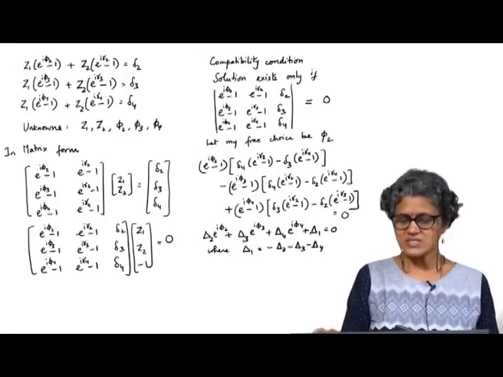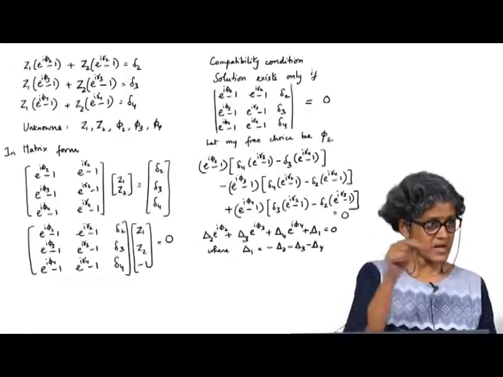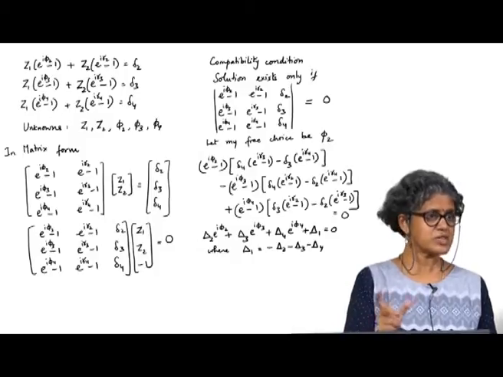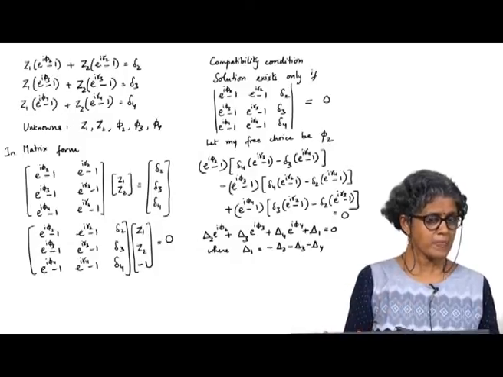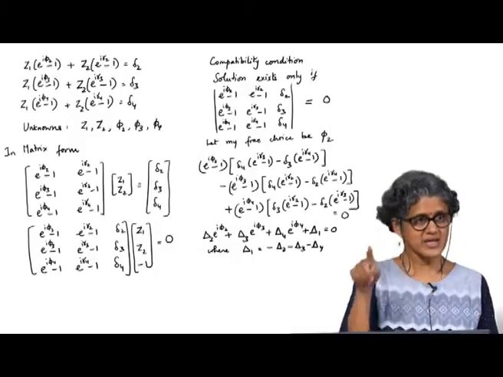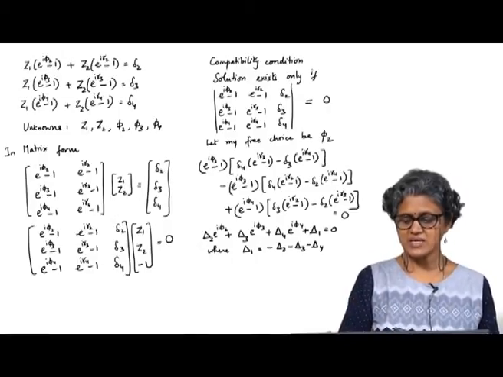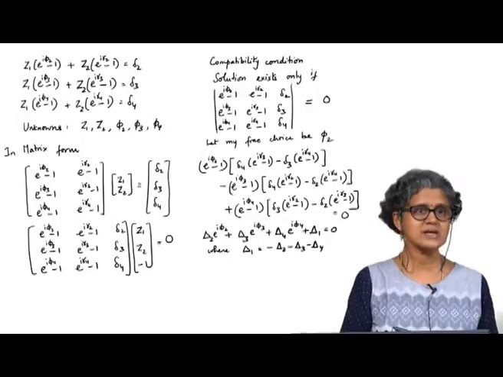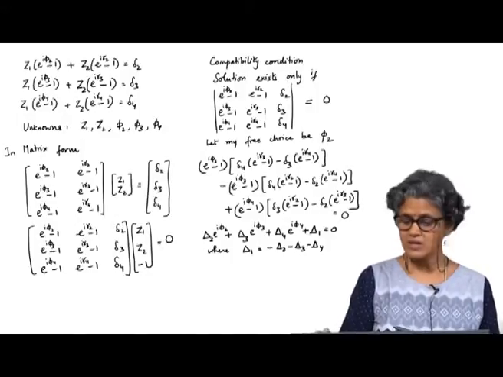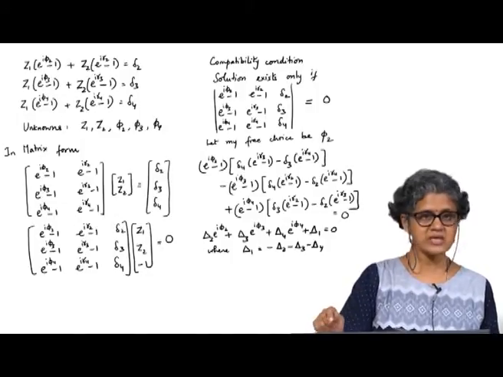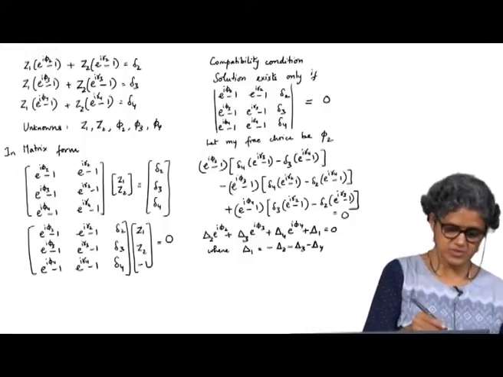So, the compatibility condition can be thought of as a 4 bar satisfying this loop closure equation, where the lengths are basically delta 1, delta 2, delta 3 and delta 4, and all these deltas are based on known quantities. So, let us write that.